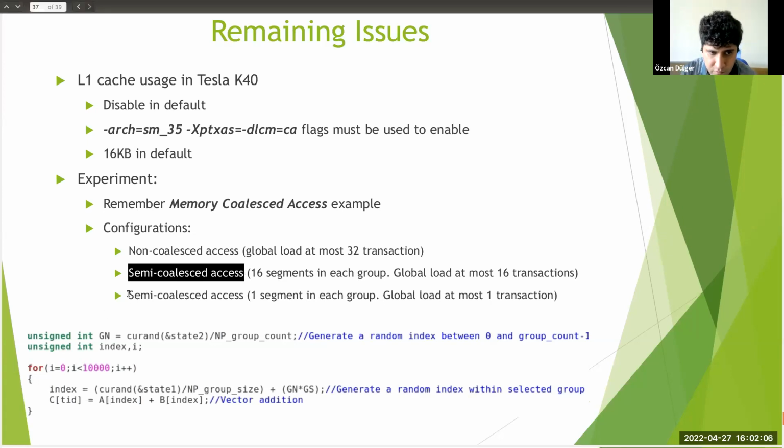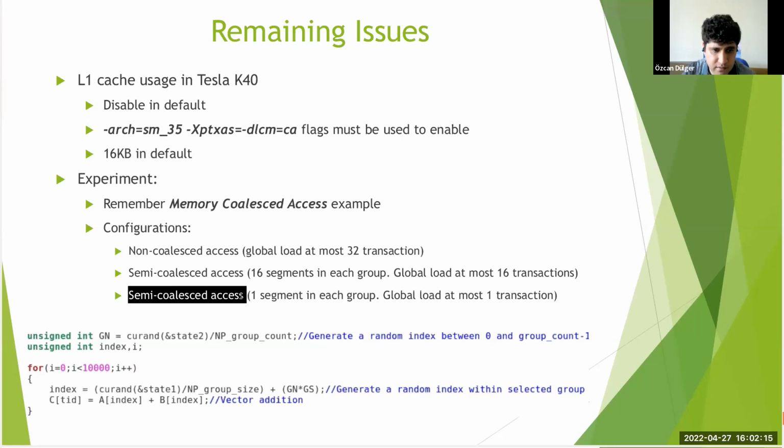And the third one is fully coalesced, one segment in each group, so the global load operations perform at most one transaction. With the semi-coalesced approach, we generate a random number to select a random group, and we get the elements of that group randomly. Now we will investigate the L1 cache use of these three approaches.